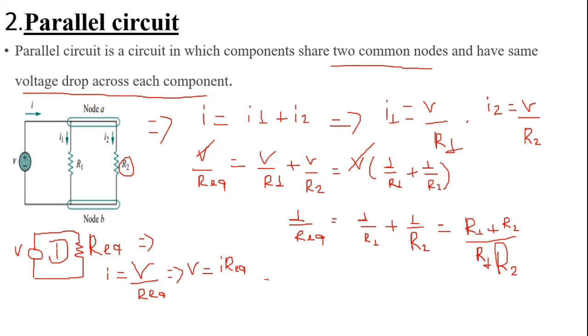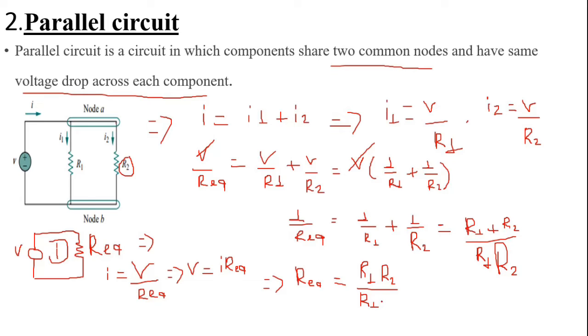If we take the inverse of both sides, we find the formula for the equivalent resistance of parallel circuits: R equivalent equals R1 times R2 over R1 plus R2.